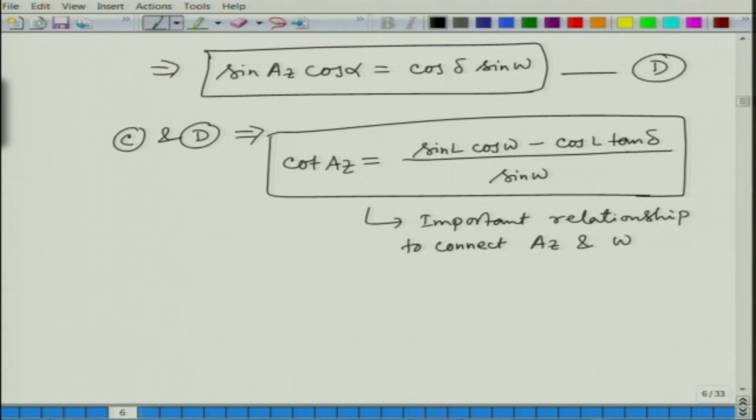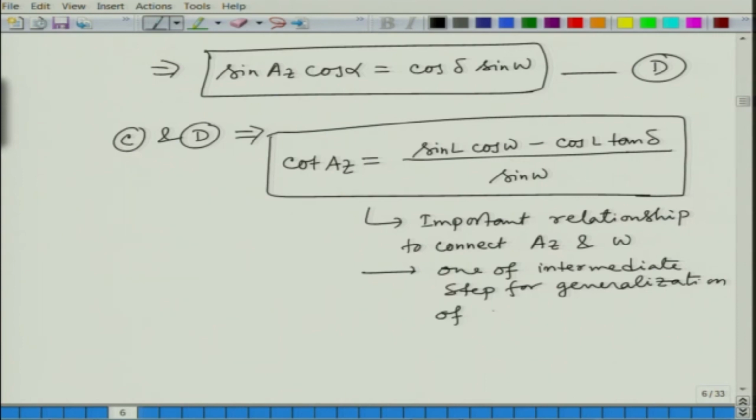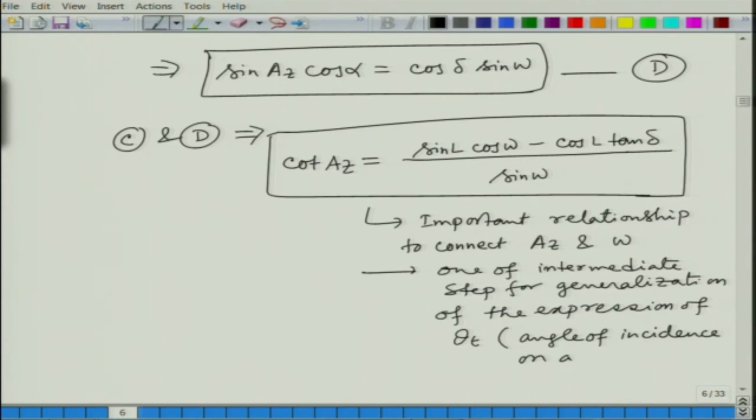And it is one of the important intermediate steps for generalization of the expression of theta t. Theta t is what? The angle of incidence on a tilted surface.